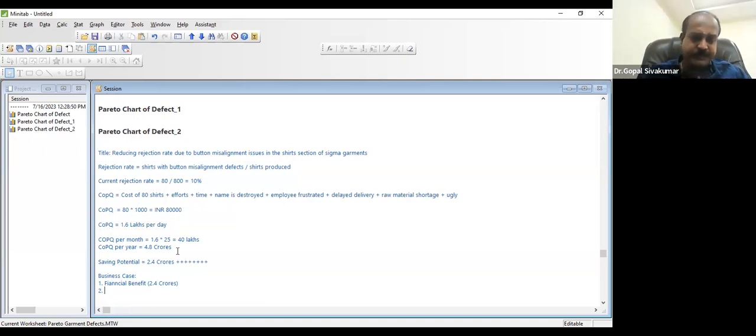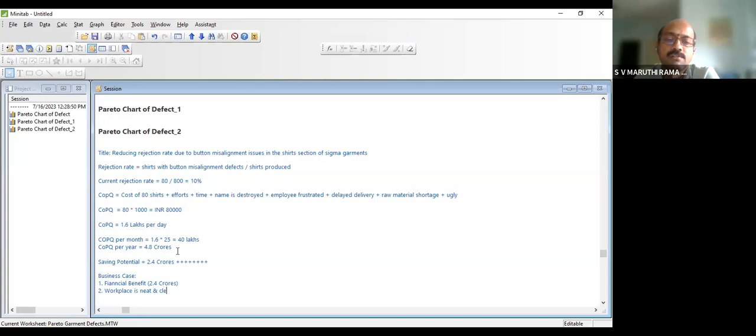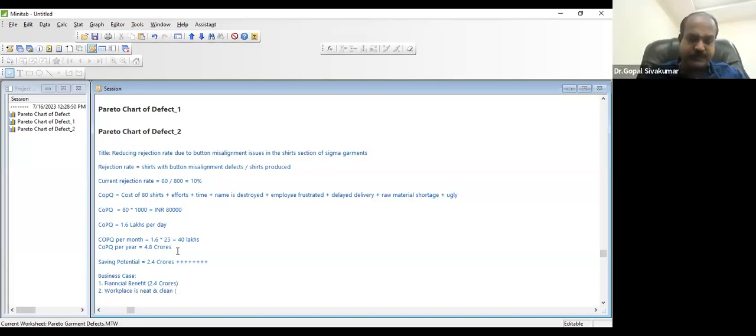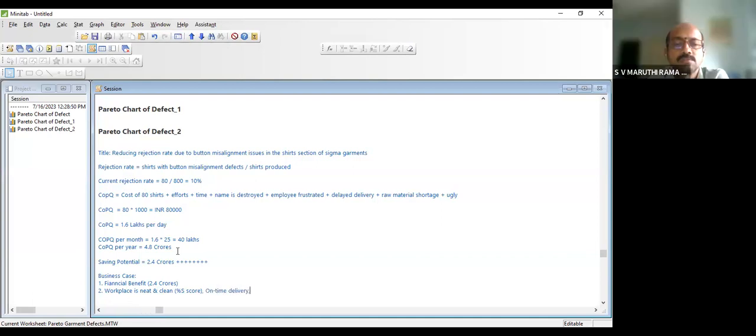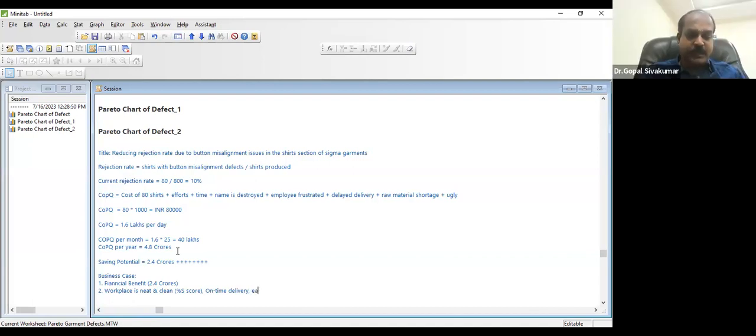For example, your workplace is neat and clean now. Yes, your 5S score improves. And then what happened? Your on-time delivery starts improving, isn't it? Your raw material cost going down. Am I right?